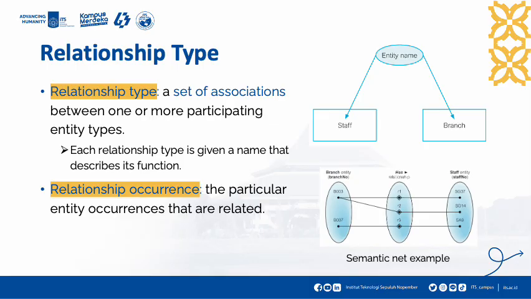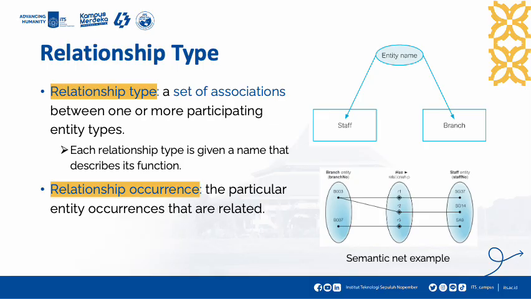Each relationship describes an association of a single Branch entity occurrence with a single Staff entity occurrence. For example, relationship R1 represents the association between Branch entity B003 and Staff entity SG37, and so on.